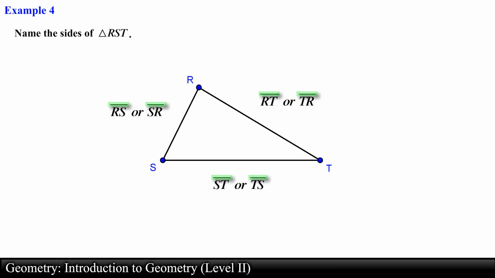Making sure we draw a line segment to symbolically show that we are referring to a line segment, not to be confused with rays or lines. Once again, it is very important that you master the skill of drawing, denoting, and naming figures. In our next video, we will practice how to name and denote angles.